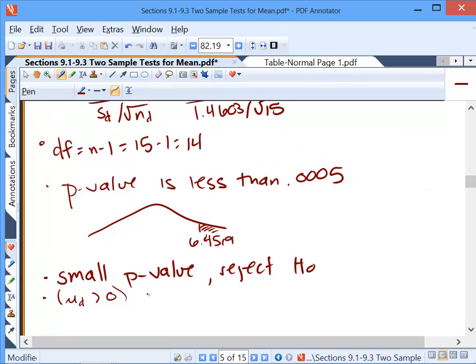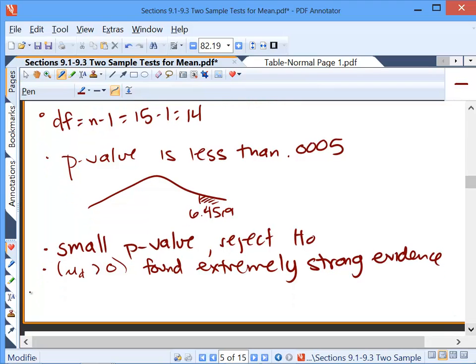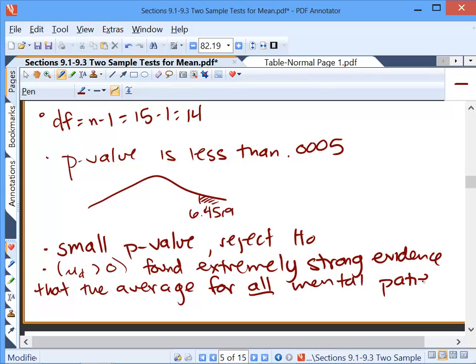So we found extremely strong evidence that the average for all mental patients is higher on moon days.